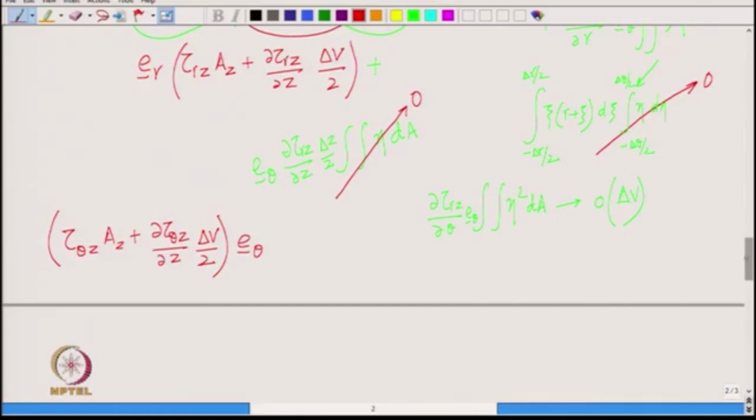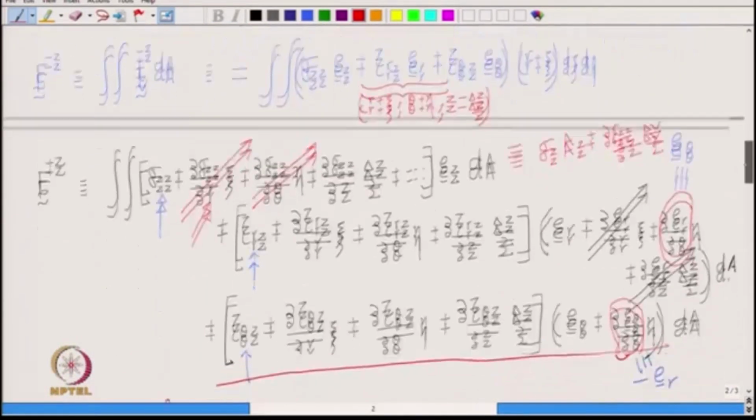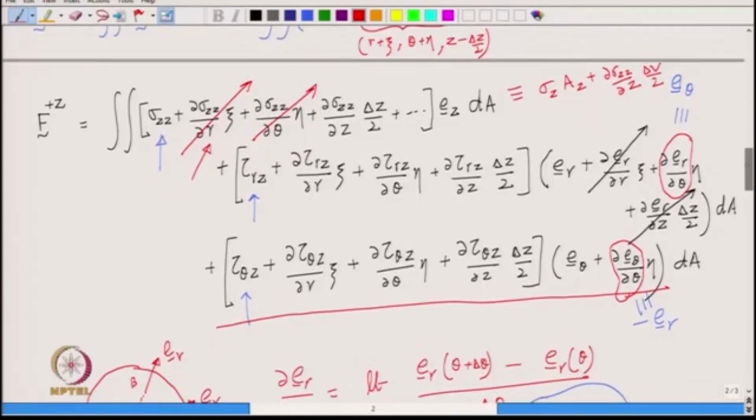So, what is the total force that we have gotten now? Force on positive z plane. So, let us summarize it.